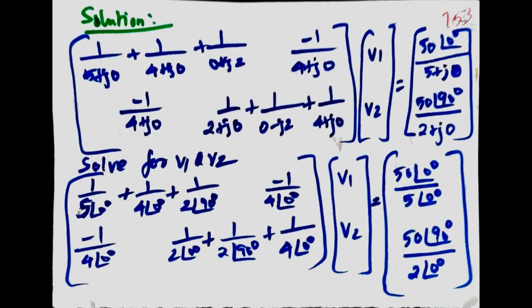The conductance matrix times V1, V2 is equal to the I1, I2 matrix. To solve for V1, V2, first change into complex to polar format and use the mathematical matrix functions. That format of the V1, V2 matrix is seen in the notes.